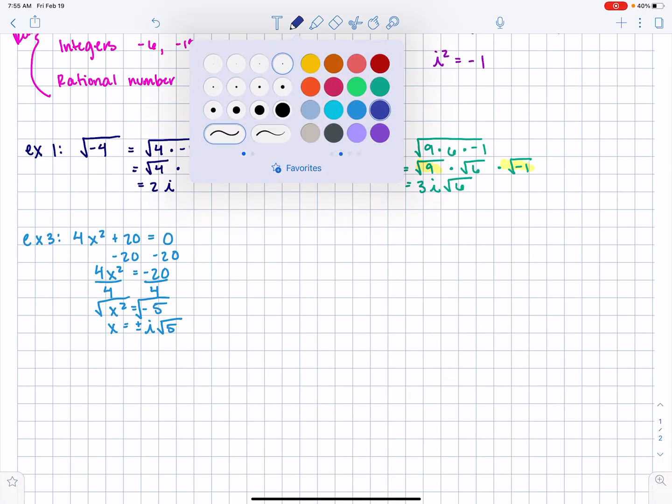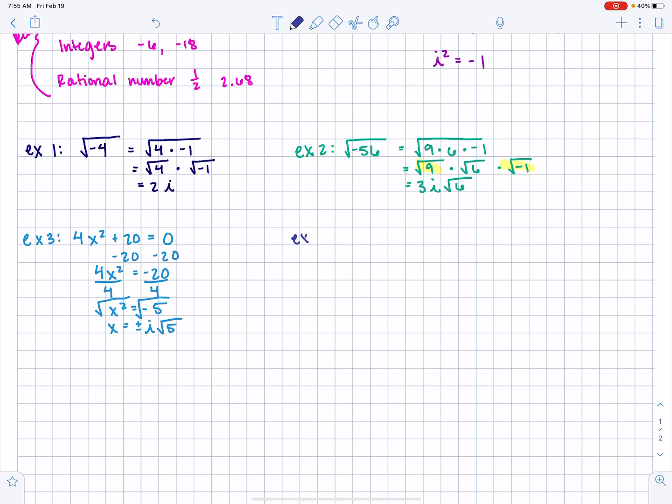And this also works with, so example 4, when we have something like x minus 2 squared plus 18 equals 0. So isolate your squared, even if it's in parentheses. Okay, at this point, we're going to go ahead and take our square root.